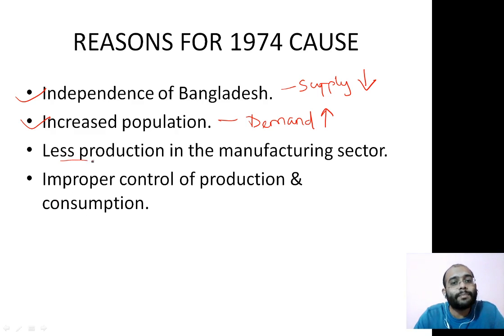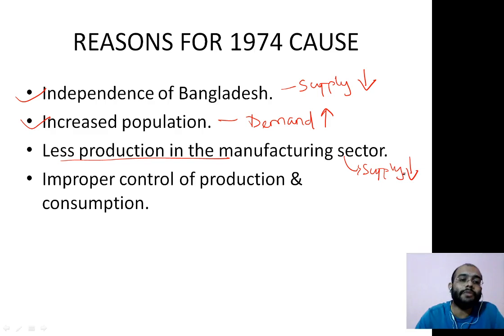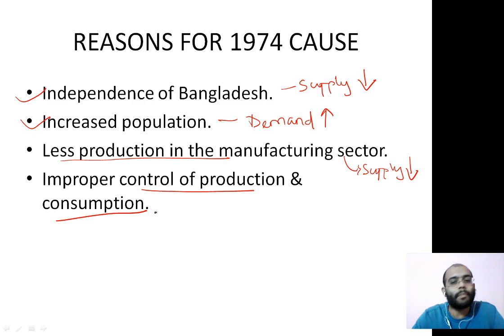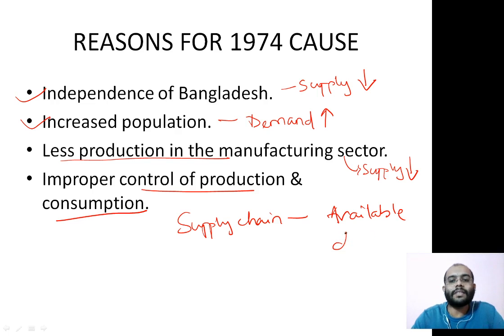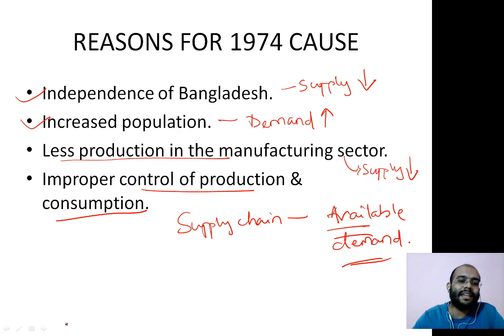And also less production in the manufacturing sector, another decrease in supply, and improper control of production and consumption. The government failed in controlling the supply chain properly with the available demand. It couldn't maintain the supply chain on par with the increasing demand, hence leading to the record rise in inflation during that period.